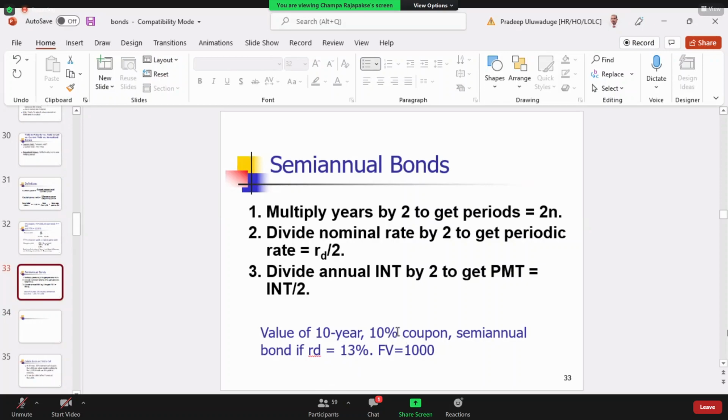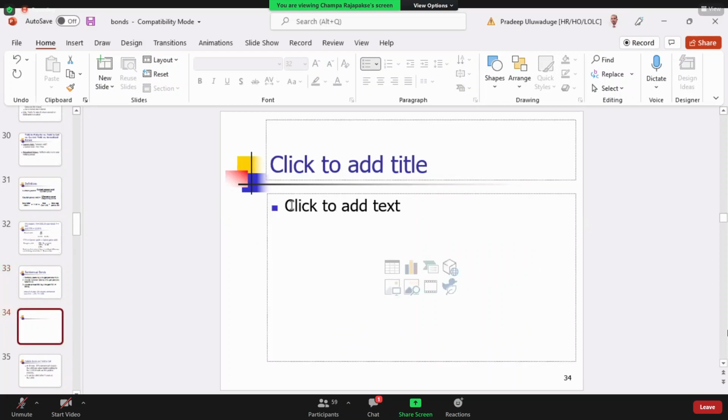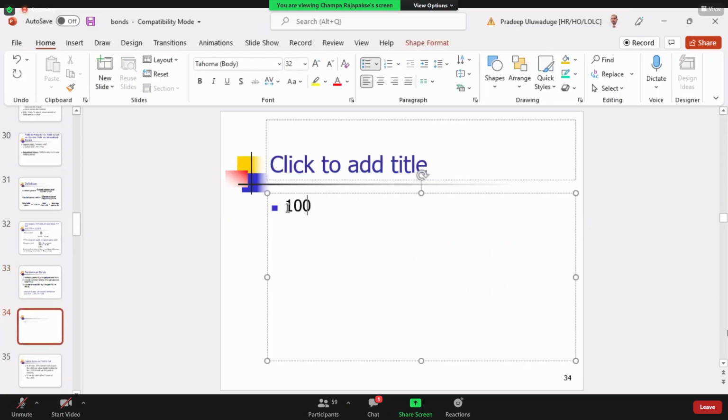Now 10% coupon on face value 1000 is 100, but now 100 has to be divided by 2. Interest has to be divided by 2. So 100 divided by 2 is the periodic payment that we get, or 50. So this is equal to 50.